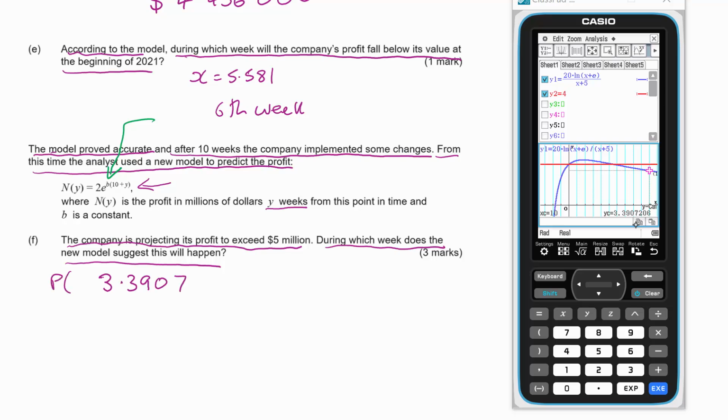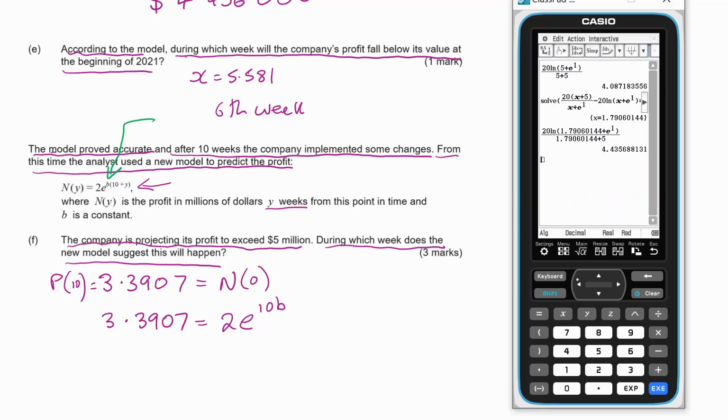So that was the profit at 10. And so we know that that would be equal to the new model at 0. So I've got 3.3907 equals, if y is 0, 2e to the 10b. So I need to go back to main and solve that.